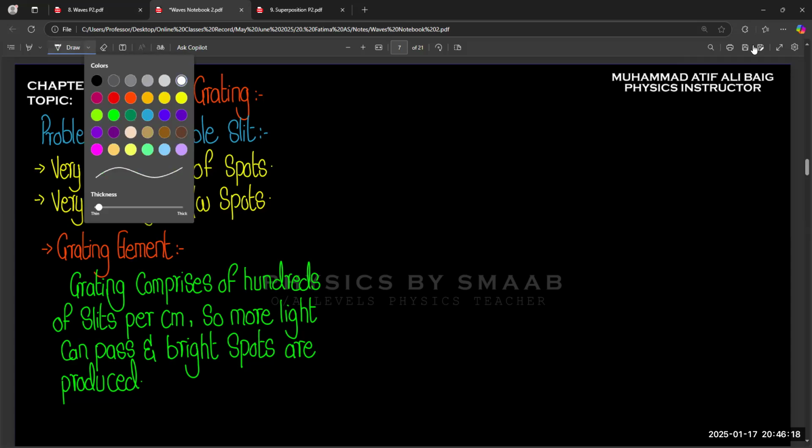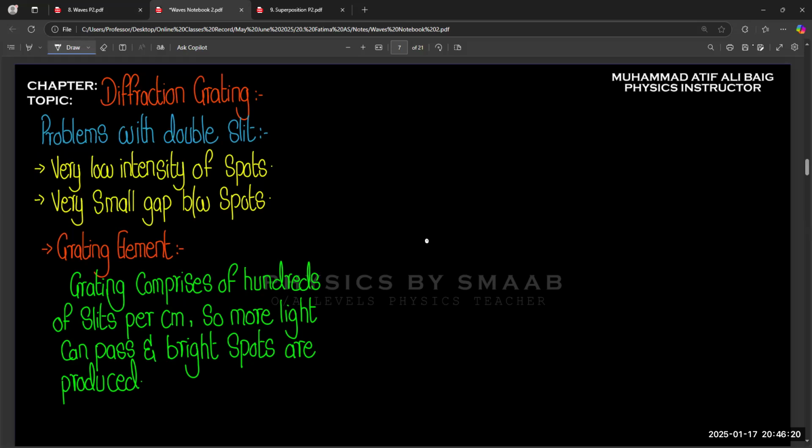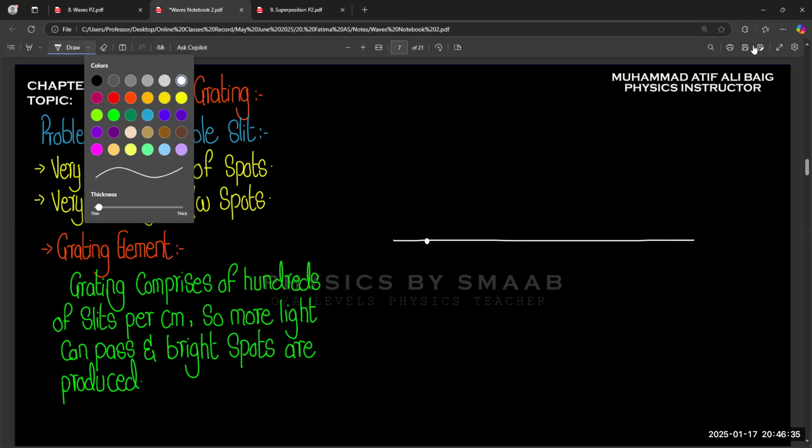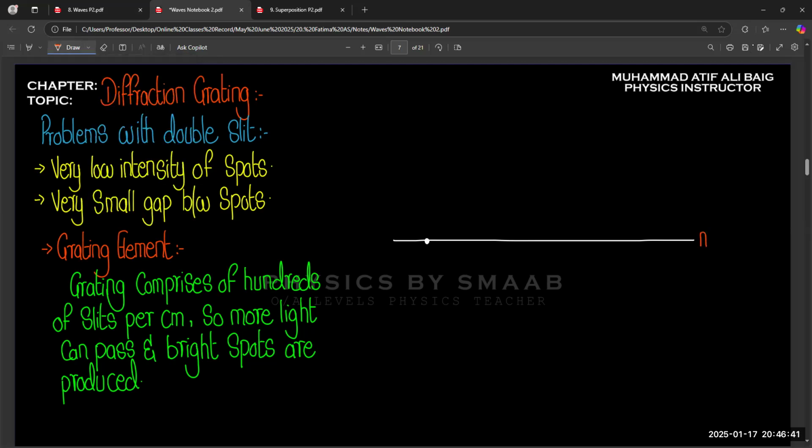For example, this is the center and this is the reference line. With the help of this reference line, let's suppose this is n equals 0. This is n equals 0 and this is called the maxima.